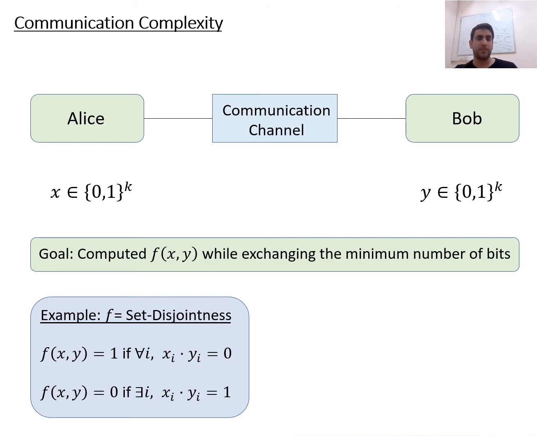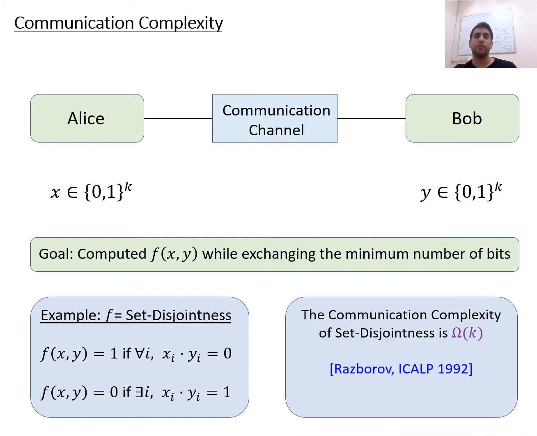Already in 1992, Razborov showed that Alice and Bob cannot solve set disjointness in less than omega of k bits. So they must exchange omega of k bits, which means that Alice and Bob cannot do anything better than sending their entire strings.